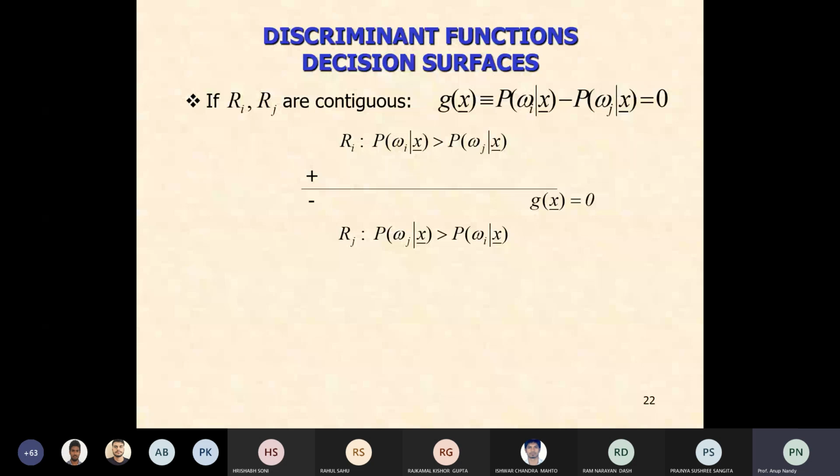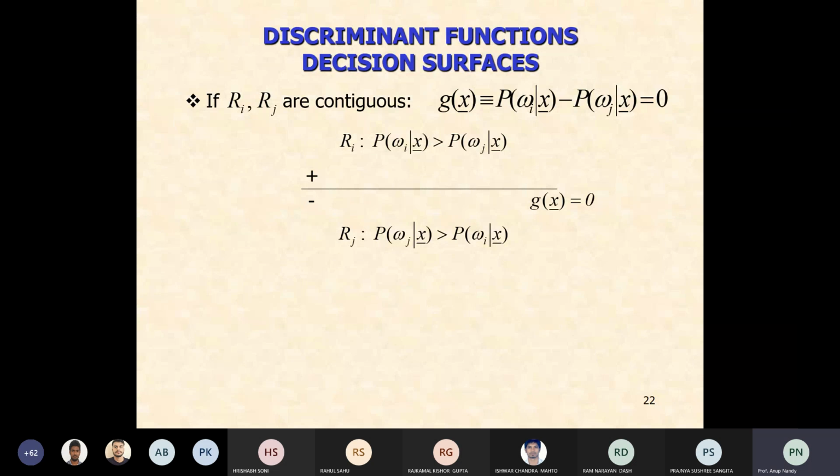You can have this decision surface in a multidimensional feature space. For the minimum error probability, it can be described by the equation g(x) = P(wi|x) - P(wj|x) = 0. From one side of the surface the difference is positive, and from the other side of the surface the difference is negative.